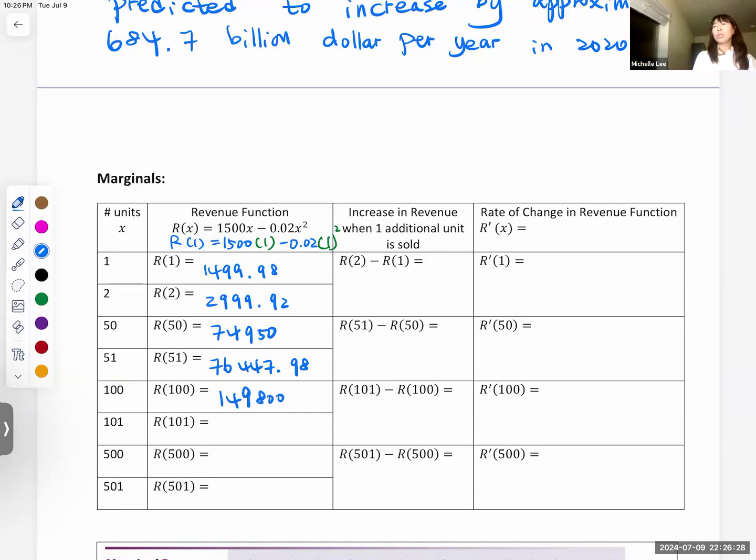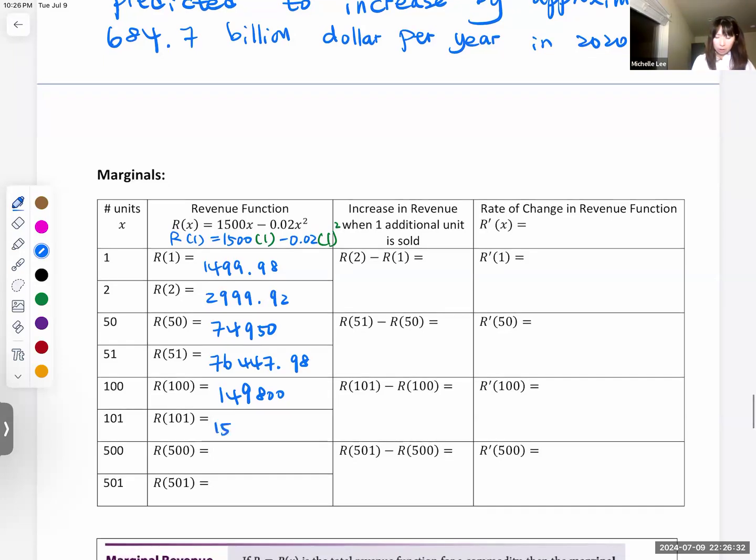And then R of 101 is 151,295.98. R of 500 is 745,000. R of 501 is 746,479.98. Yeah. Okay.